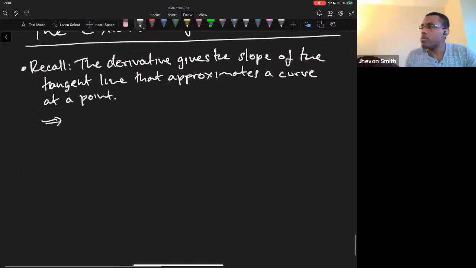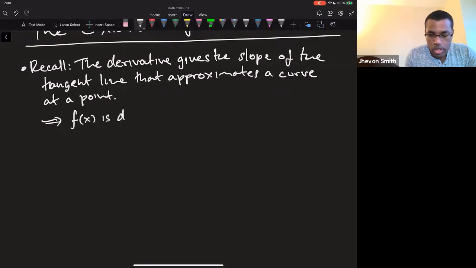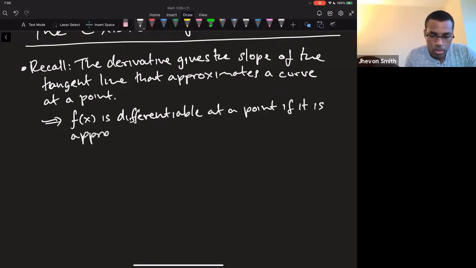This would kind of suggest, and this is the truth, that f of x is differentiable at a point if it is approximately linear there.